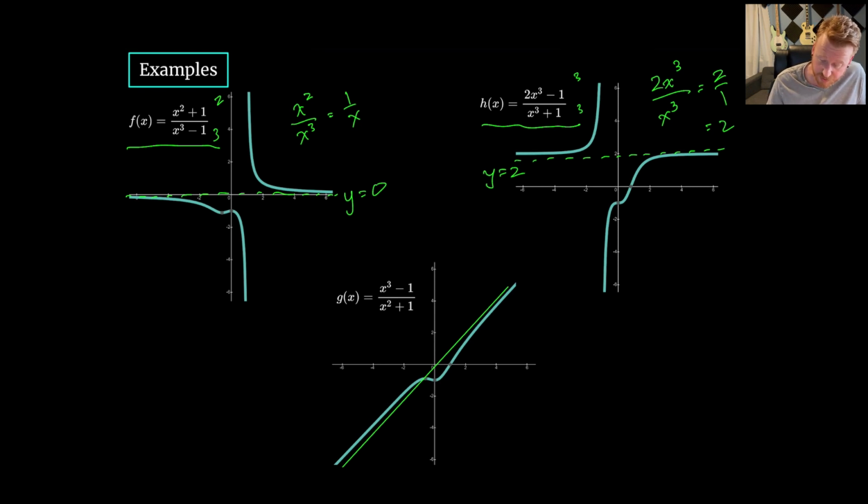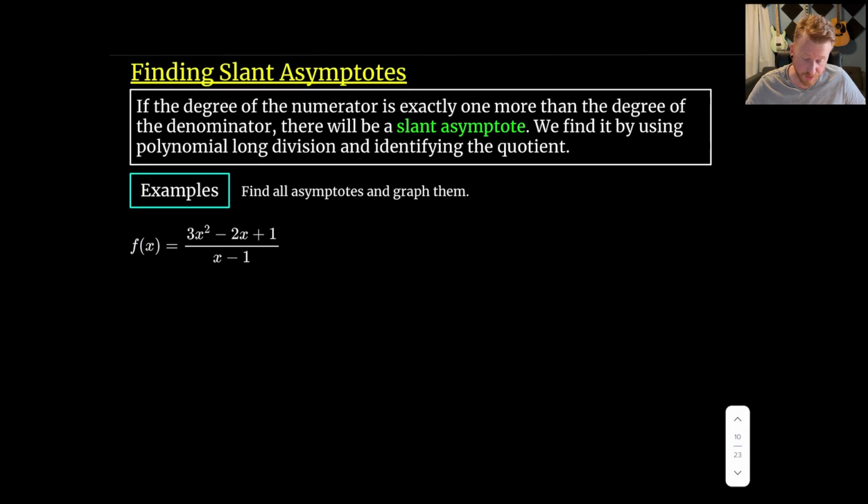So we have a slant asymptote here because the degree of the numerator is 3 and the degree in the bottom is 2. If I looked at just the ratio of the leading terms here, we would get just x. So since the function f of x equals x doesn't have a horizontal asymptote, neither does this one. It does have a slant asymptote, and we will talk about how to find that right now.